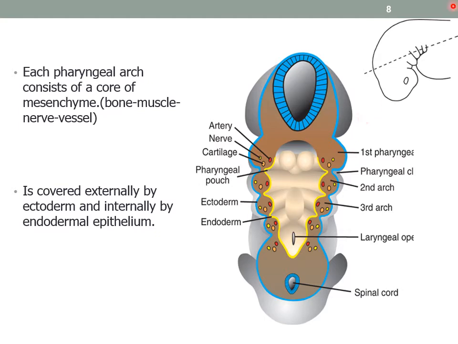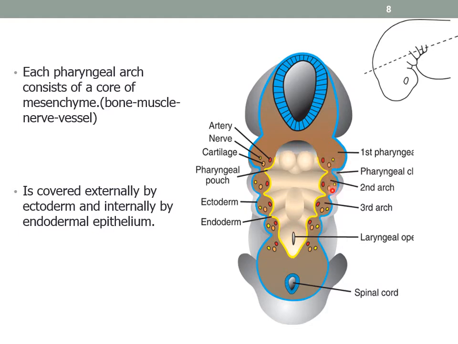In this image, which is in the upper part, we have the embryo, and doing this section, we will see this image. In this image, we will see the difference between the pharyngeal cleft, pharyngeal pouch and the pharyngeal arch. You notice this region.